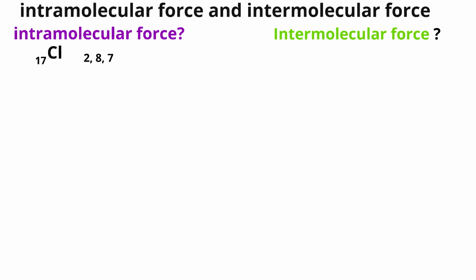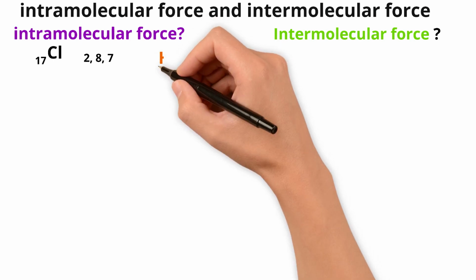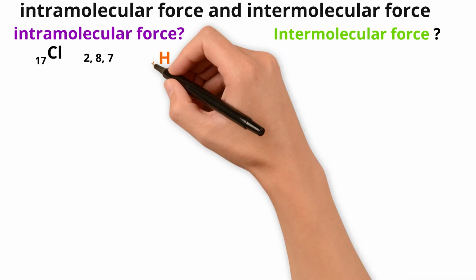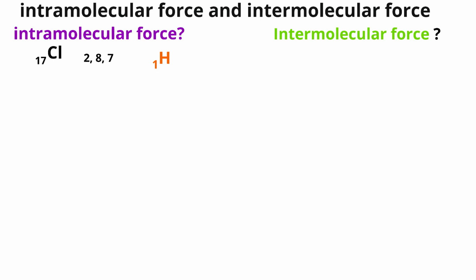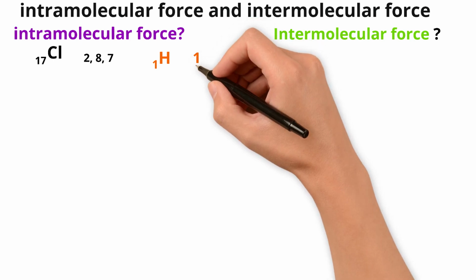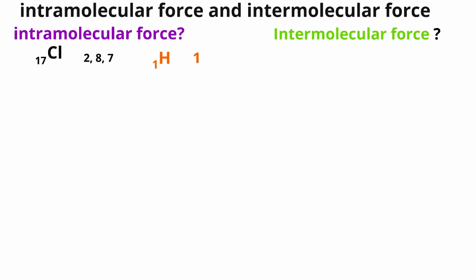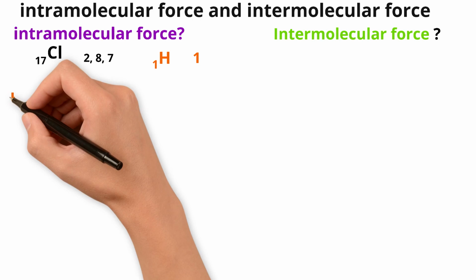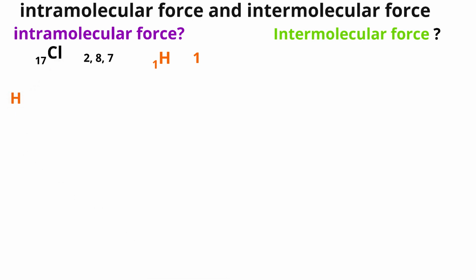To form hydrogen chloride, chlorine's atomic number is 17, its electron configuration is 2, 8, 7, and this chlorine atom needs one electron to have 8 electrons in its outermost shell, but hydrogen has only one electron.